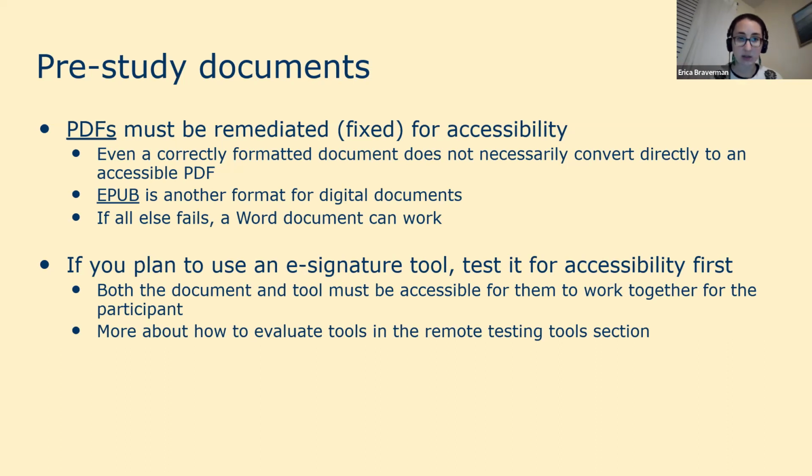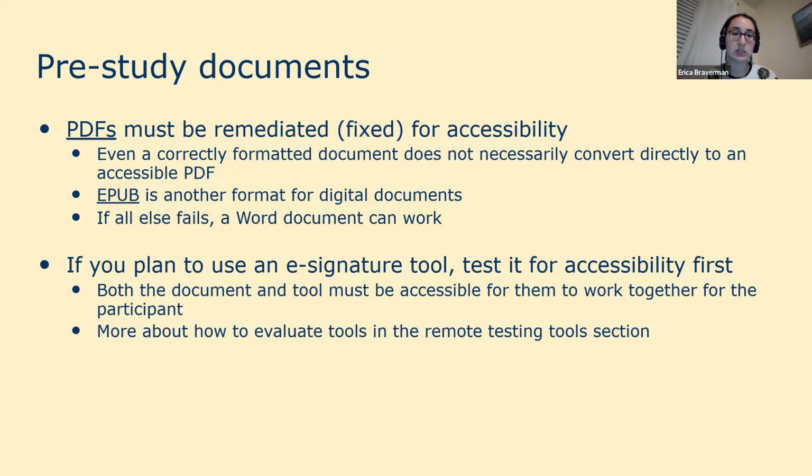The reason for that is even if you've created a Word document or a word processor document in an accessible format, you can assume that it does not convert directly to an accessible PDF.